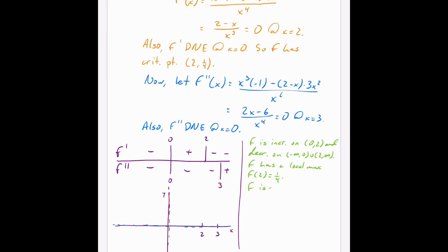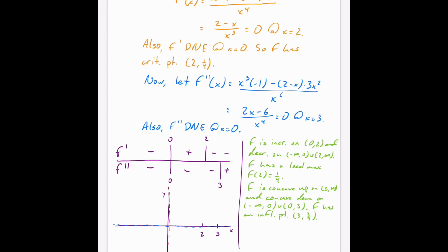F is concave up on 3 to infinity and concave down on negative infinity to 0 union 0 to 3. F has an inflection point 3, 2/9, right? And again, I got 2/9 by plugging 3 into f of x.